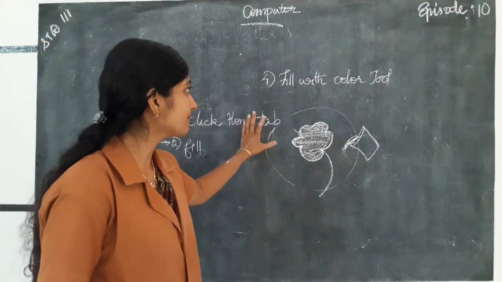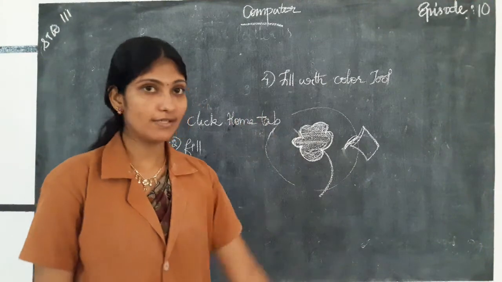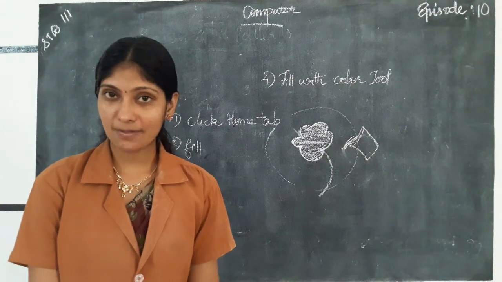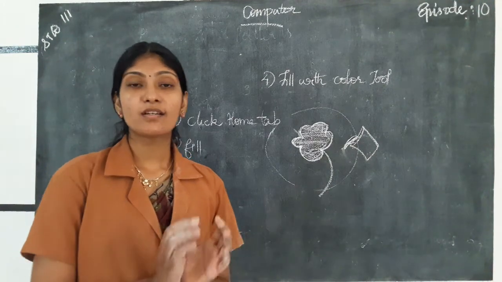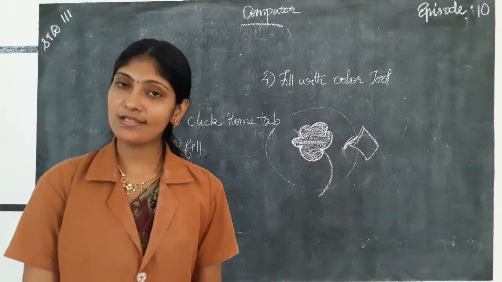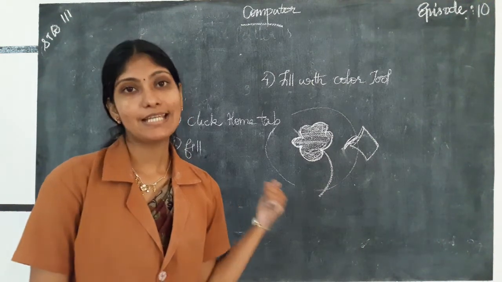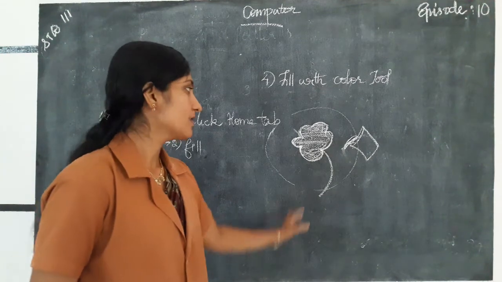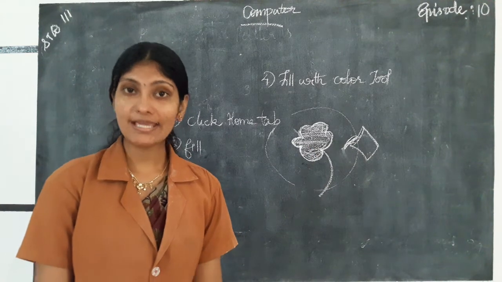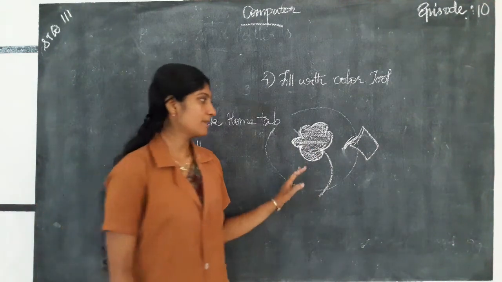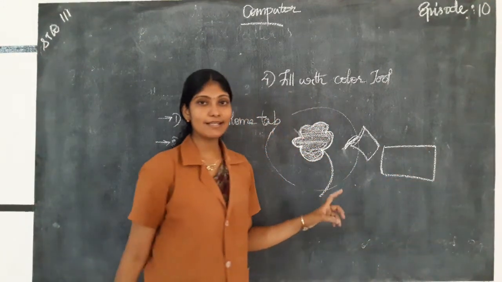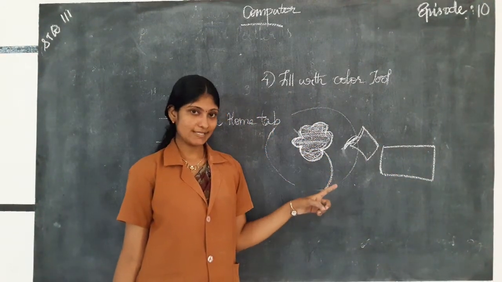So what is the main use of fill with the color tool? We can fill the entire picture for a closed shape or closed area with a suitable color. So this is the closed area. This is a closed shape, so we can fill the color using this tool easily.